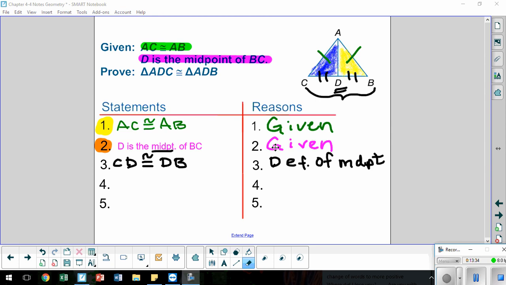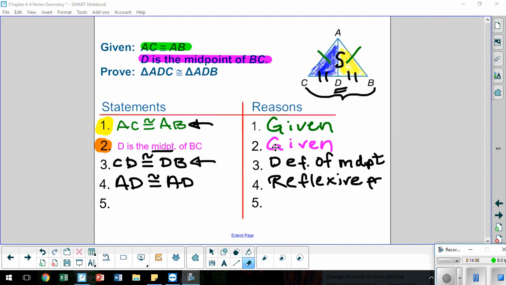Okay? Great. So on statement 1, right here, we've got a side equal to a side. Statement 3, another side equals side. Statement 4 could be another best friend, which is going to be AB is congruent to AC, and the reason is reflexive property.